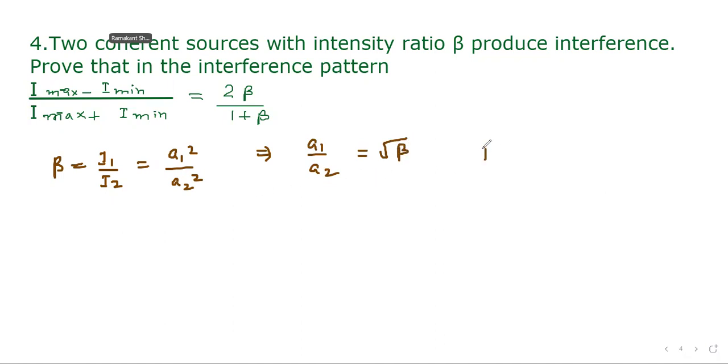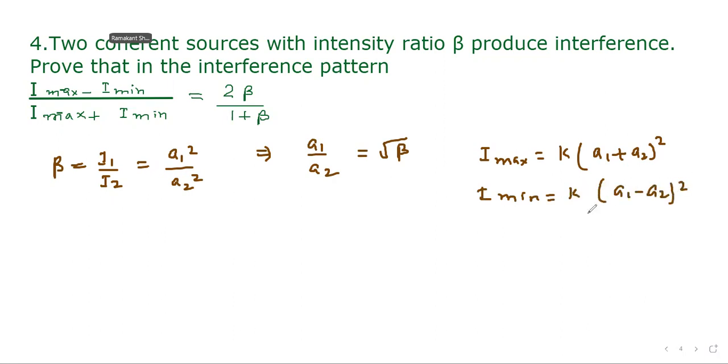Now I max is k times (A1 plus A2) whole square, and I min is k times (A1 minus A2) whole square. Now we consider LHS. (I max minus I min) divided by (I max plus I min).